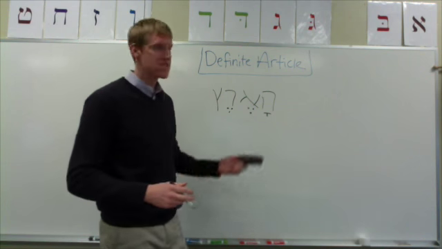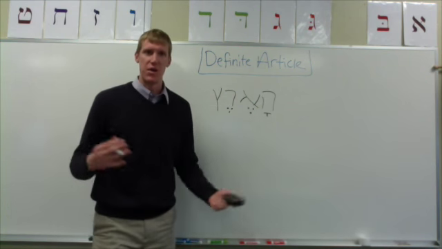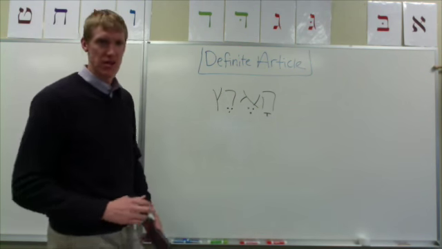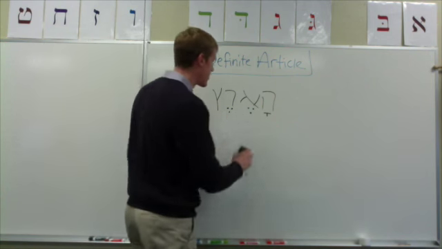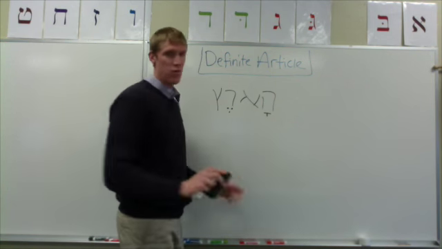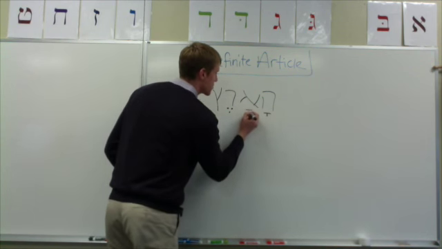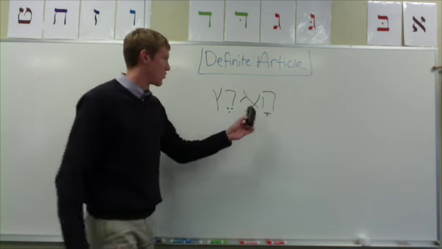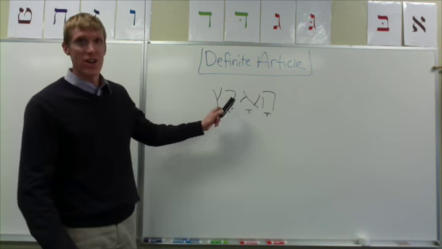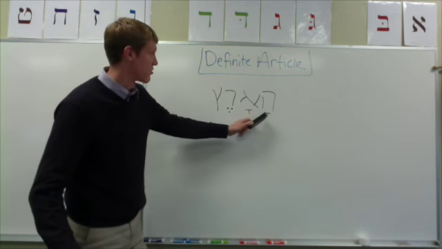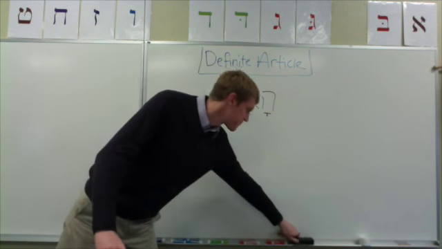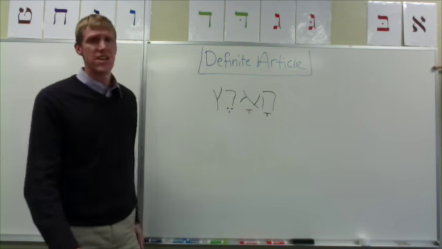And I like to think of it as the dagesh spending an evening with the patach. Now in this case, for reasons I won't explain here and now, the segol here actually also turns into a kamatz.